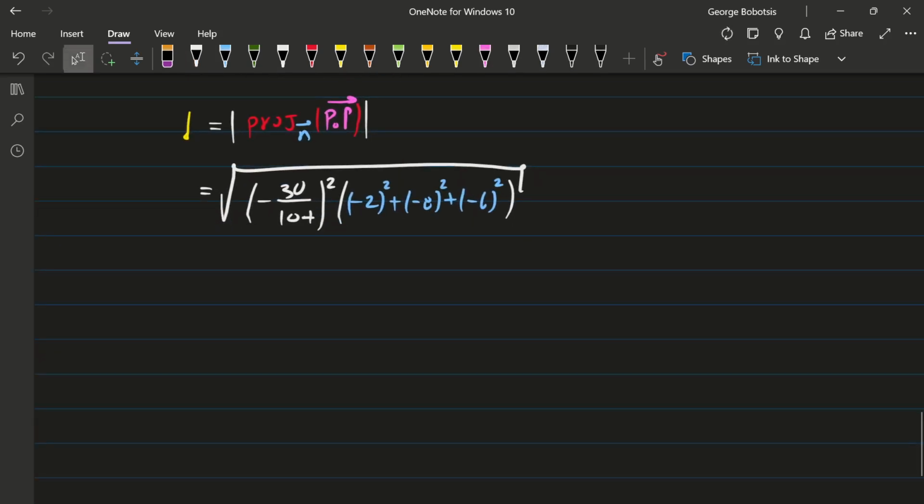At the end of the day, that's 104. I guess you can pull this outside the square root and write it as 30 over 104 because it's a square getting square rooted, as you can see here. And then the inside becomes, quite obviously here, the square root of 104 itself. So all in all, you get 30 over root 104.